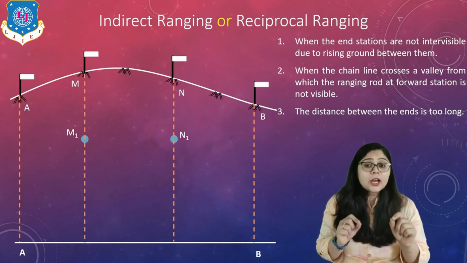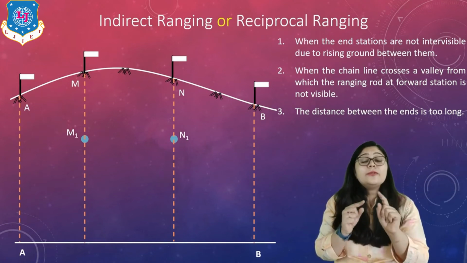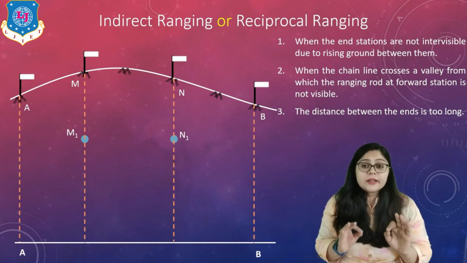So that is the basic concept that we should keep in mind while selecting the positions of stations M and N. Is it clear to everyone?